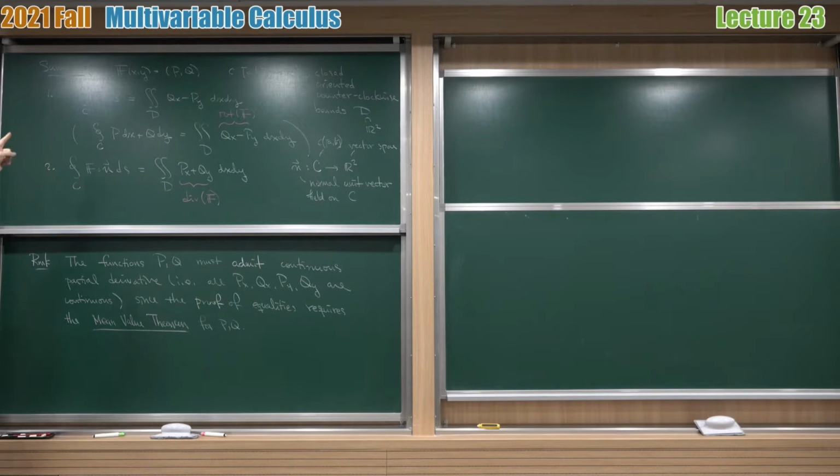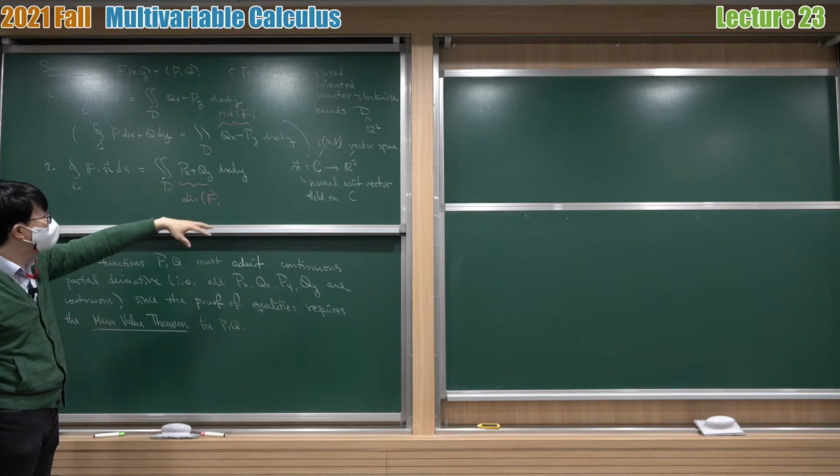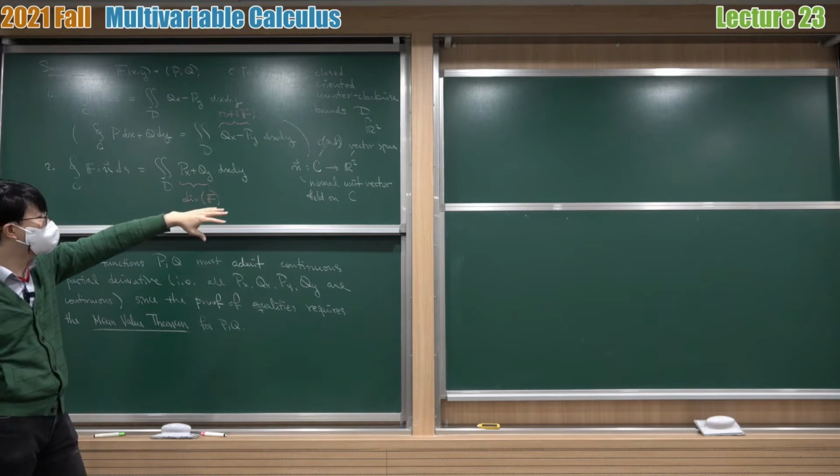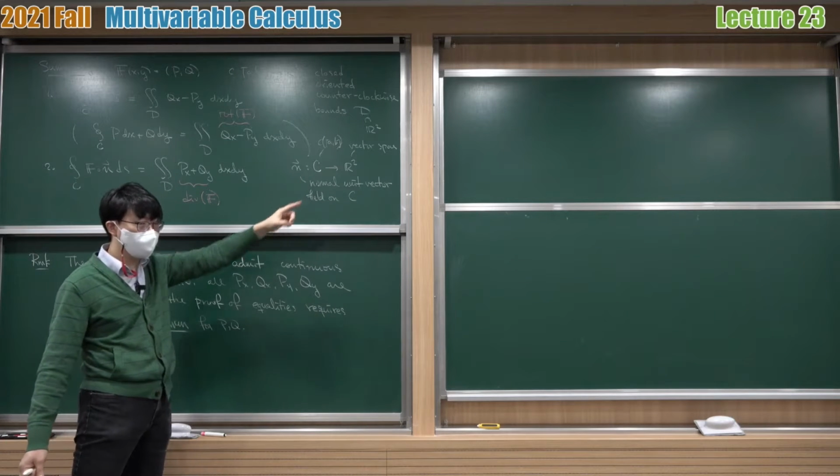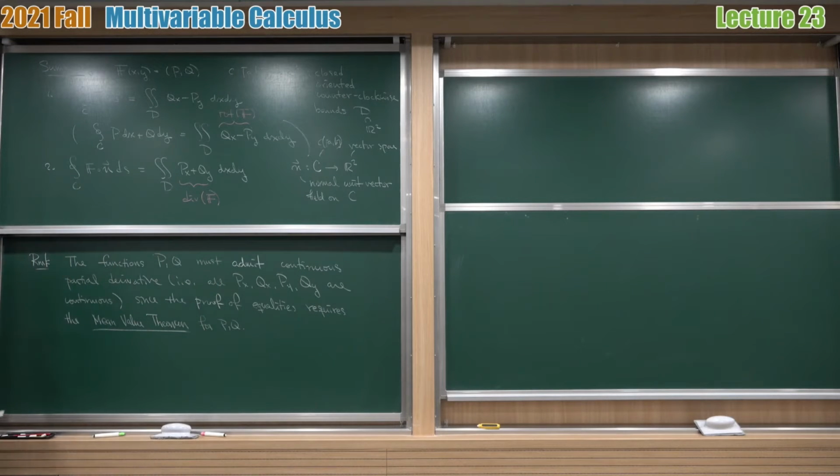For example, I'm going to generalize the vector field to a three-dimensional vector field, and curves on the plane to curves in three-dimensional space. And also the domain D, which is bounded by the curve C, will be a surface in three-dimensional space, which is bounded by the curve C.